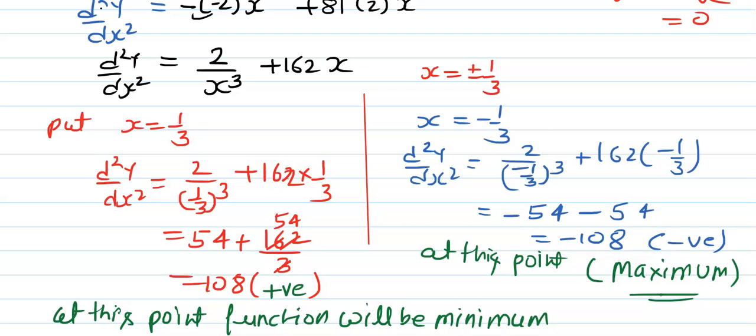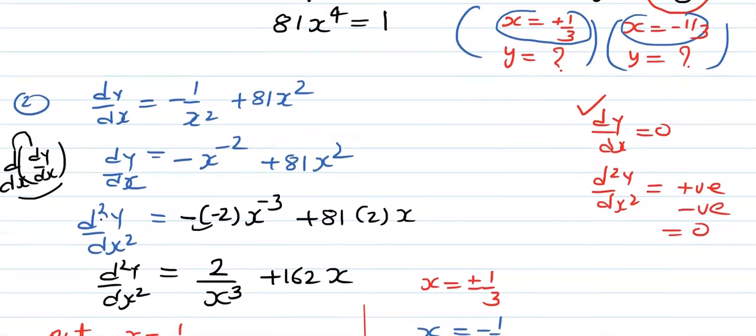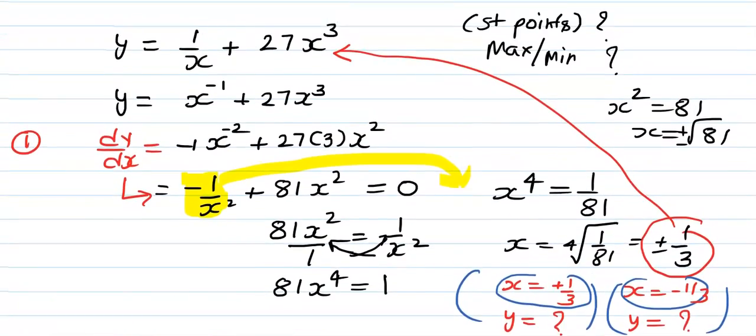Okay, so what we did here, let's go over this question again. This was our question, y equal to 1 over x plus 27 x to the power 3. We rearrange it, x to the power minus 1 plus 27 x cube. We found dy over dx and put it equal to 0.